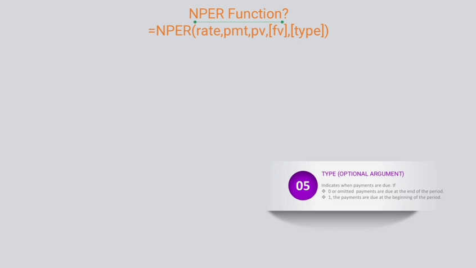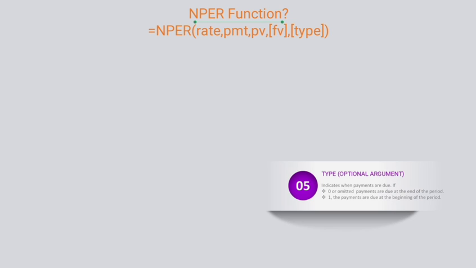Lastly, the type refers to when our payments are done. Are they done at the beginning of the period or at the end of the period? A 1 indicates at the beginning of the period, then a 0 denotes at the end of the period, which is the default.